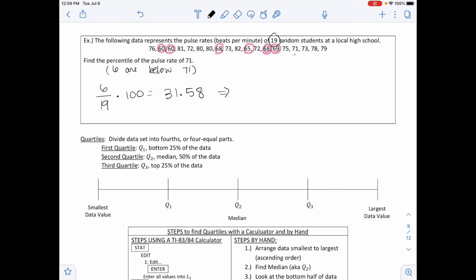Then we round to the whole number, which is going to be our 32nd percentile. So again, rounding 31.58 to 32%, which is the same thing as the 32nd percentile.